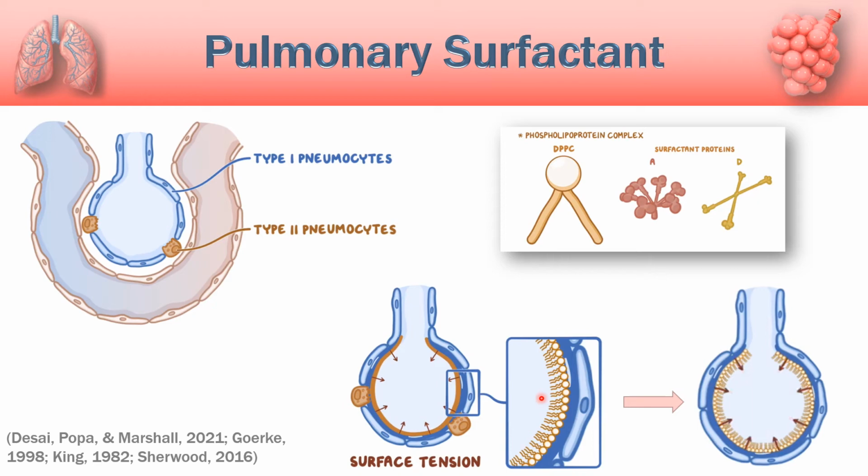On the other hand, when alveoli deflate during expiration, meaning that the alveoli are decreasing in size, the surfactant starts to be clustered together, making it more dense over that water film, thus increasing its ability to counteract the surface tension.